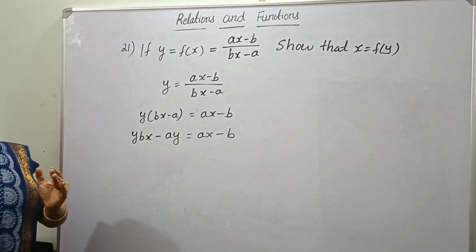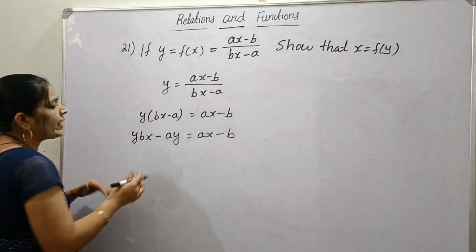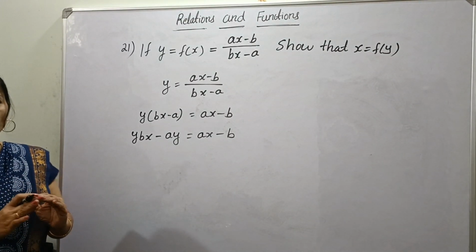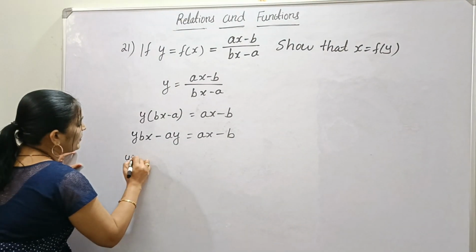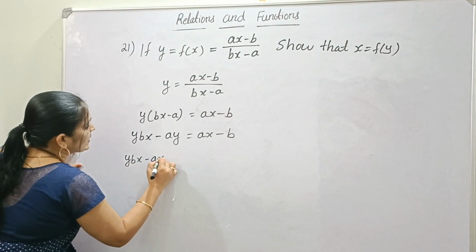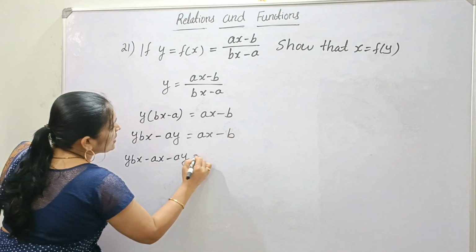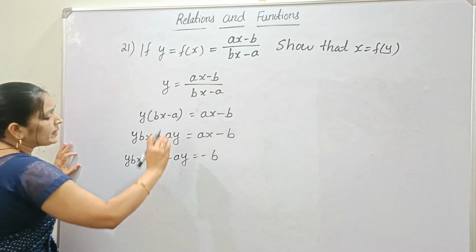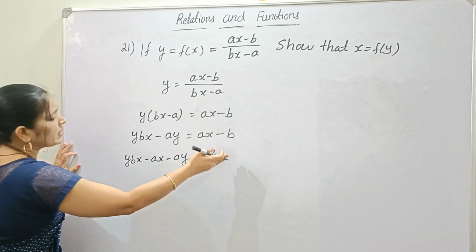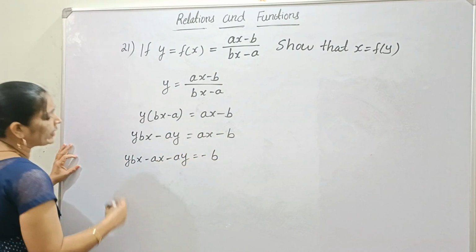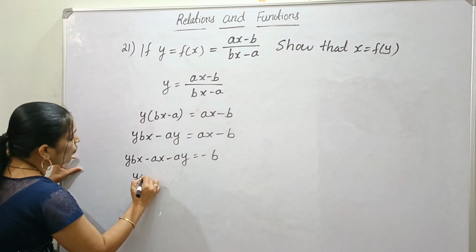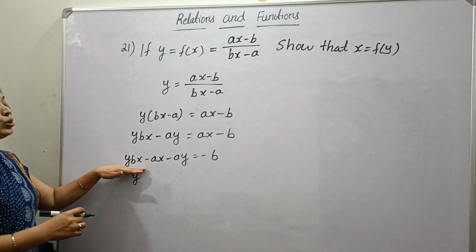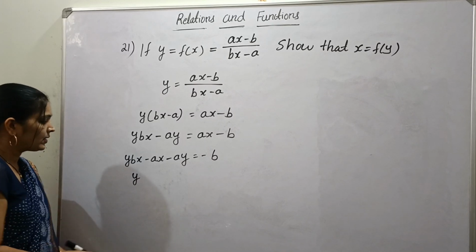Take all x terms to the left side so that you get it in the form of x is equal to. So ybx minus ax, minus ay is equal to minus b. And take y terms to the right side. In ybx and ax, x is common, right?